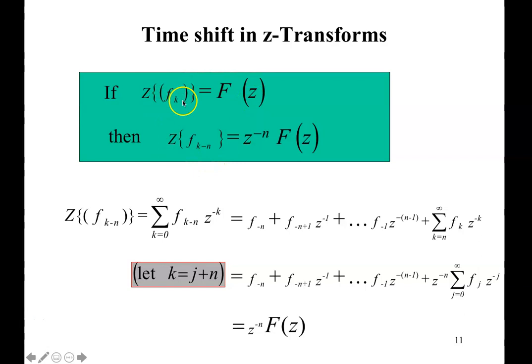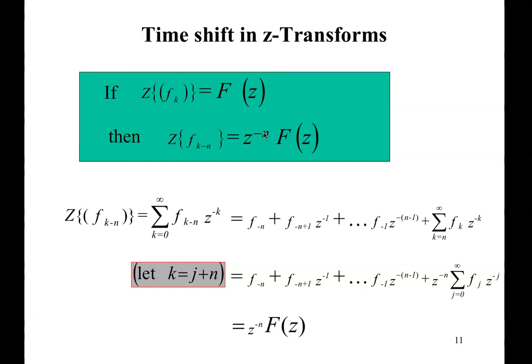Then if you delay that sequence by n number of intervals, the delayed sequence, if you apply zTransform to it, will equal the zTransform of the undelayed sequence times z to the power of minus n. That's really the definition of z, you see.